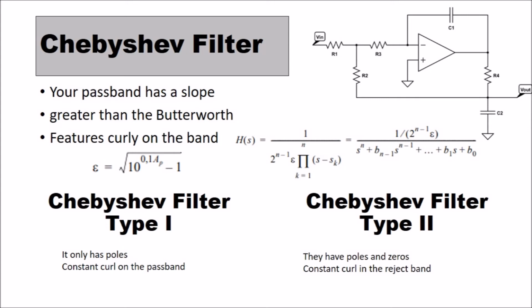Now we introduce the Chebyshev filter. It is a filter that is characterized by the fact that its pass band has a steeper slope than that of the previous filter, and ripples occurring in the band.